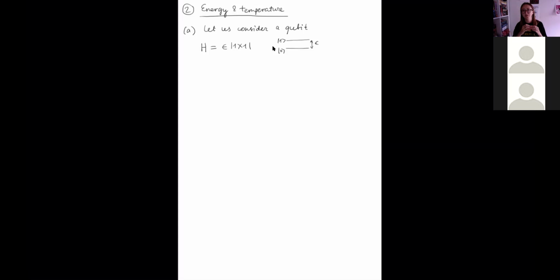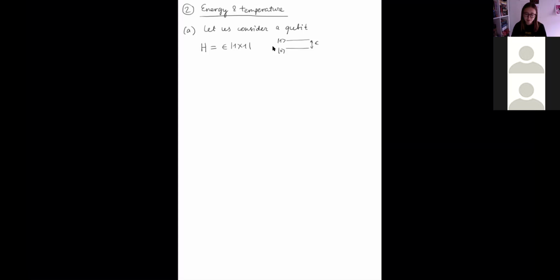One level is energetically higher than the other one. We also have a given temperature, right? Which corresponds, in a sense, to how high on average the particles can go, or in this case, the degree of freedom of the qubit.